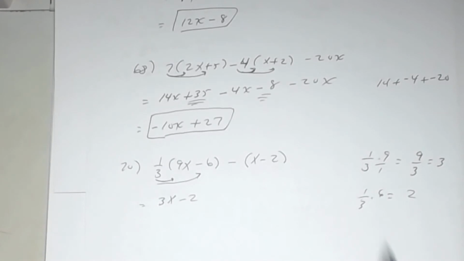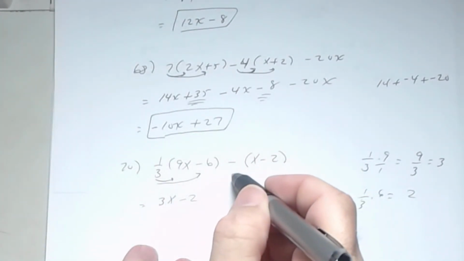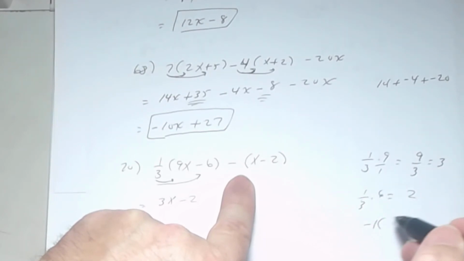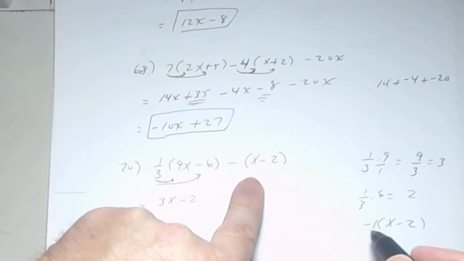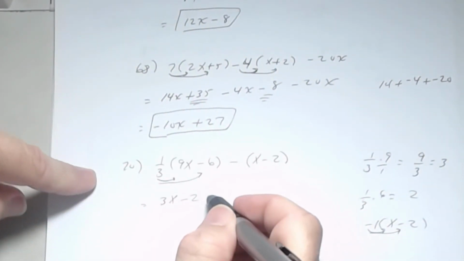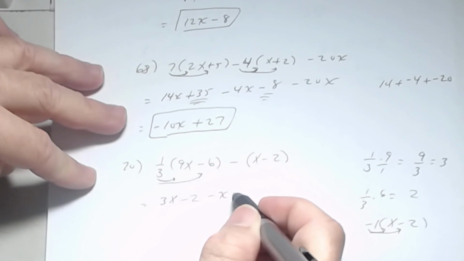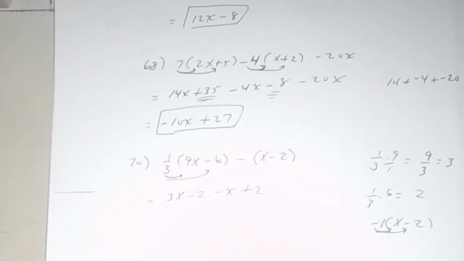And then over here, what do we distribute? I'm going to rewrite this part. You don't have to show it, but in your mind, you're distributing a negative 1, correct? When you distribute negative 1, what does that become? Plus 2.